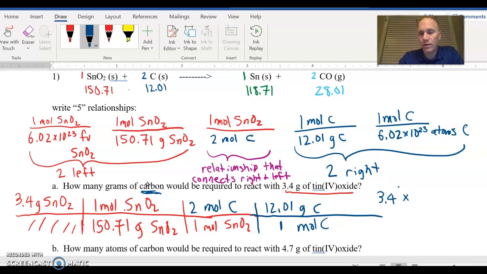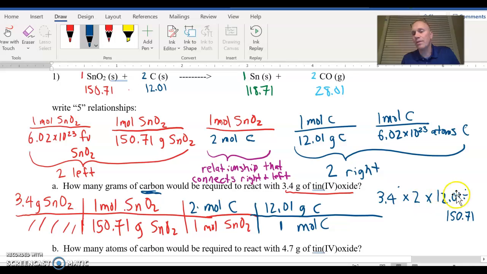What you're going to put into your calculator is 3.4 times 1. Actually, you don't have to put the 1. We're just going to say 2, because that's where that comes from, this part right here, all over the rest.